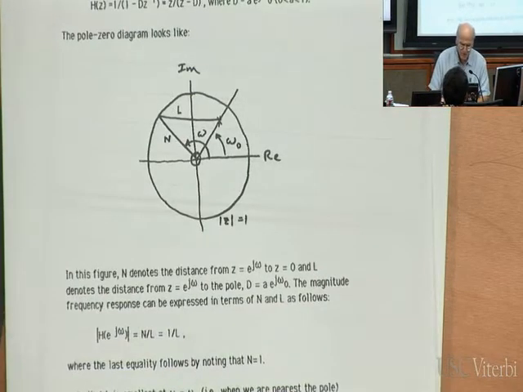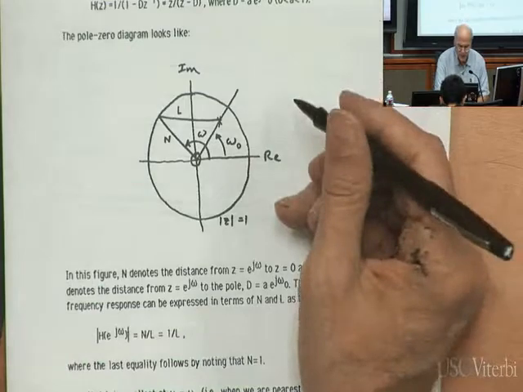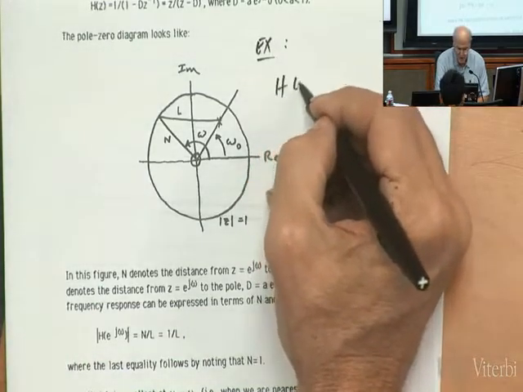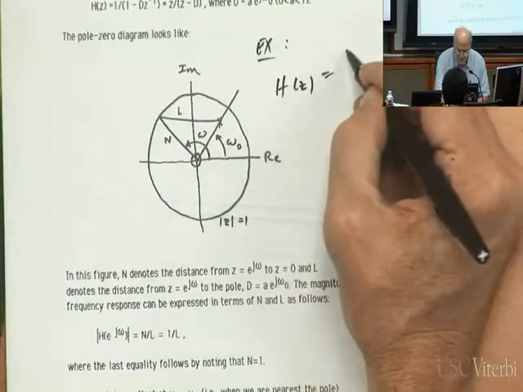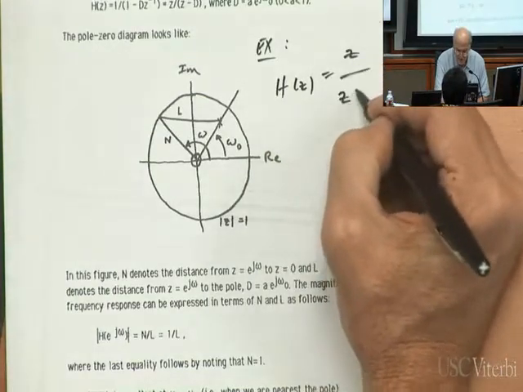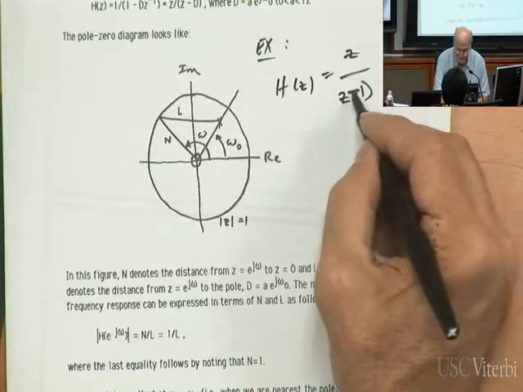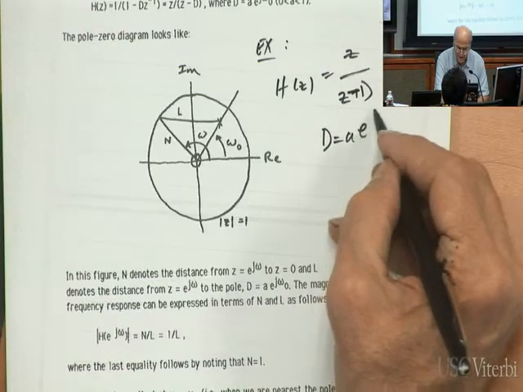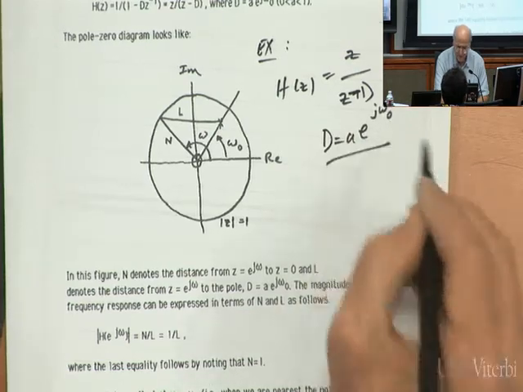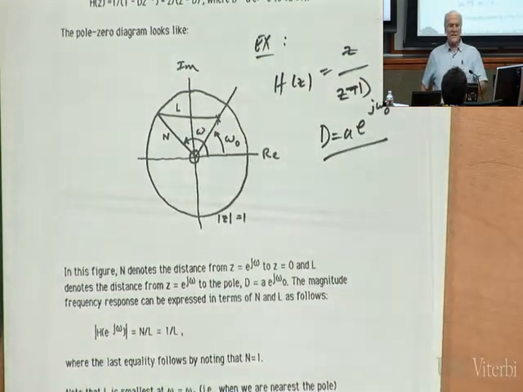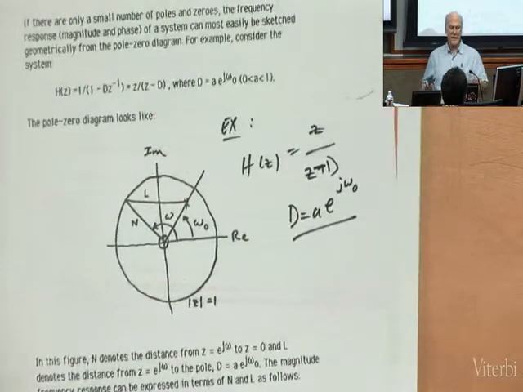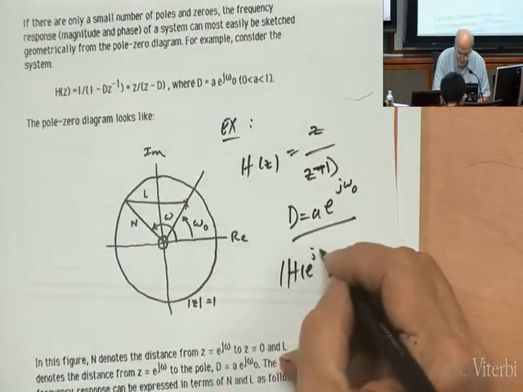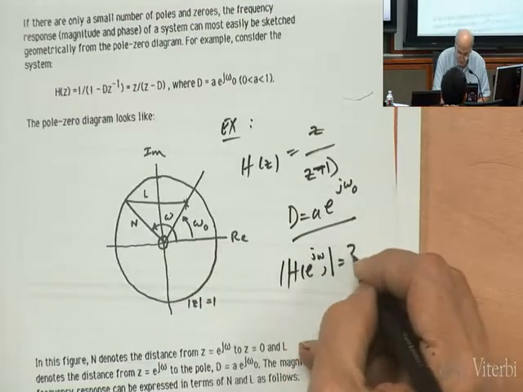My example was H of Z equals Z over Z minus D, where D is equal to A e to the j omega naught. Let's say you wanted to compute the magnitude frequency response of this.